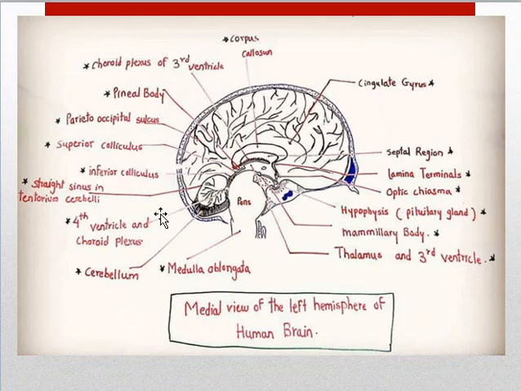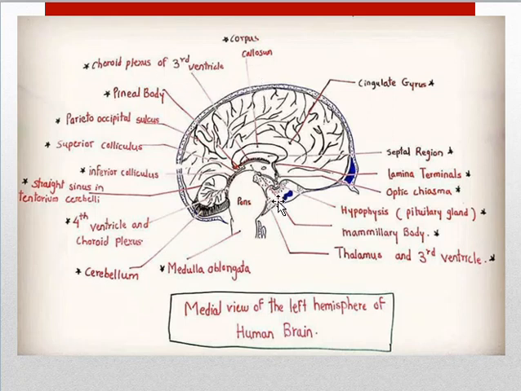They are shown here. Now, medial view of the left hemisphere of the human brain. We said that the middle part divides into left and right hemispheres. So when we look at the left hemisphere of the brain, we come to these parts.